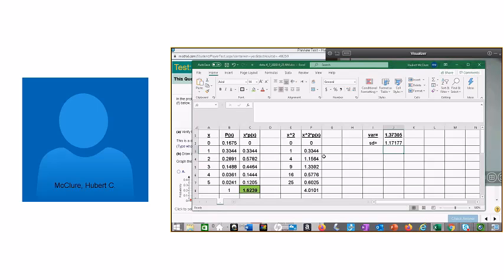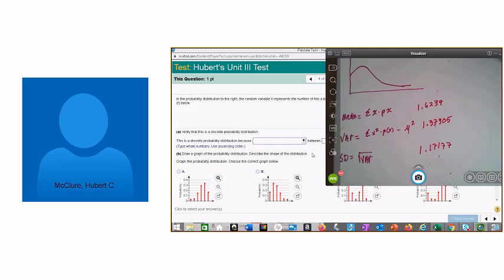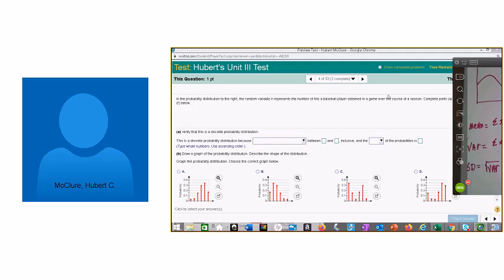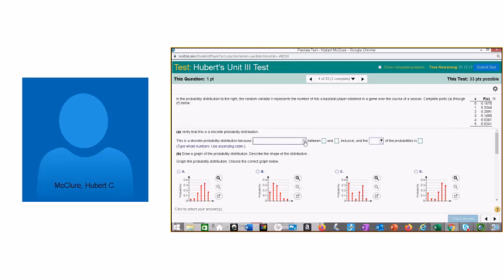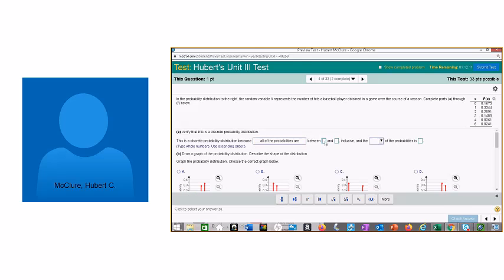So that's all I can do with those numbers. So let's go back to the question. And it says, verify. I'm going to move this over out of the way for a minute. This is a discrete probability because all the probabilities are between 0 and what? 1.